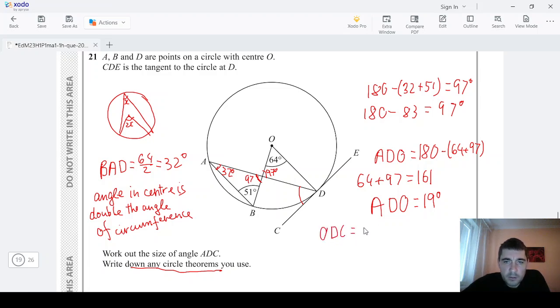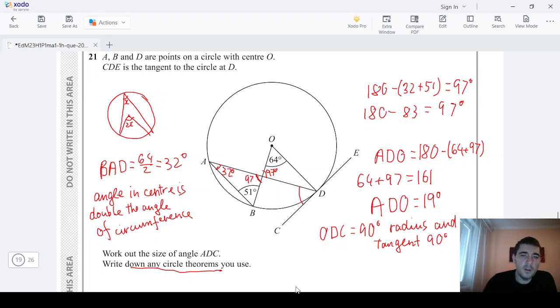Okay, so then last bit, we know that CD is a tangent, so I can say that angle ODC is 90 degrees. Okay, and the circle theorem says that the radius and tangent of the circle are at 90 degrees, or they are perpendicular, so just write 90 degrees. Okay, so the only thing left is to do angle ADC.